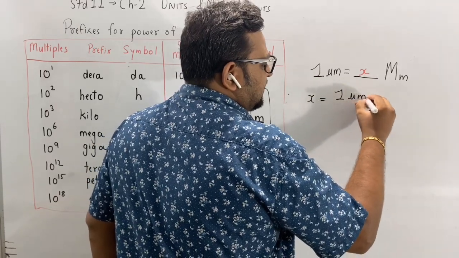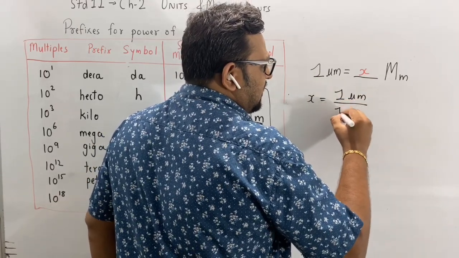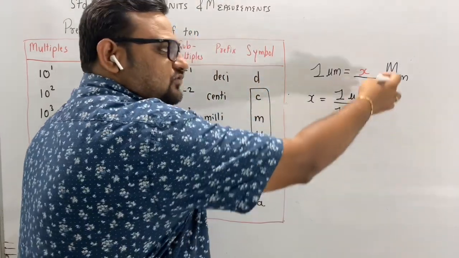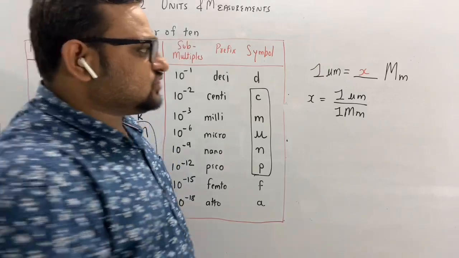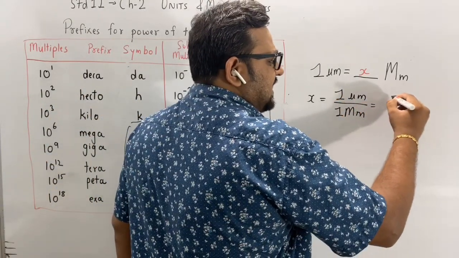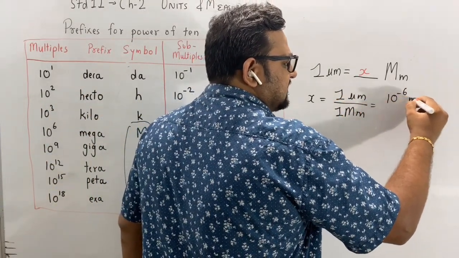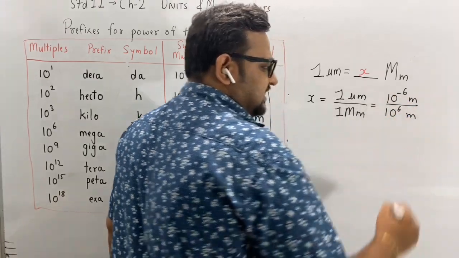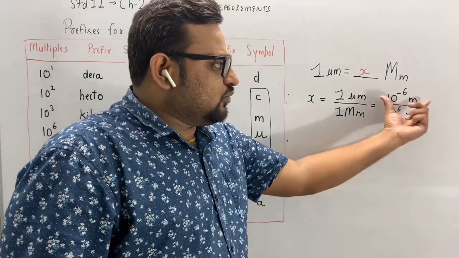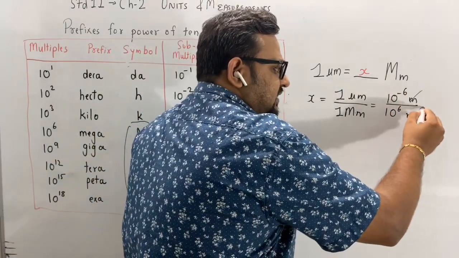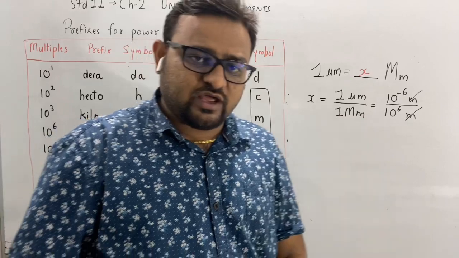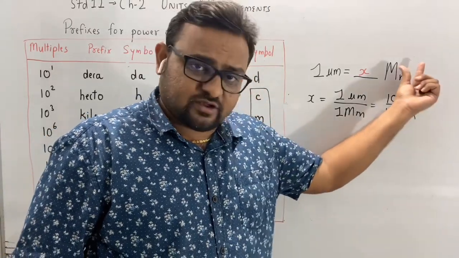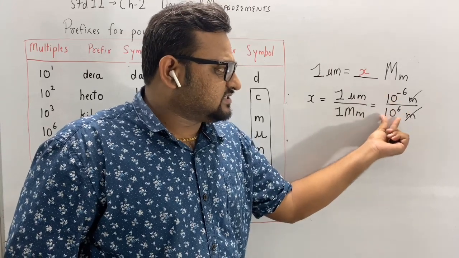1 micrometer upon 1 megameter. Right? So what is 1 micrometer? Micro means 10 raised to minus 6 and mega means 10 raised to plus 6. Okay, numerator has unit meter, denominator has unit meter. When you shift the denominator to numerator, same base, see, the base is same 10.